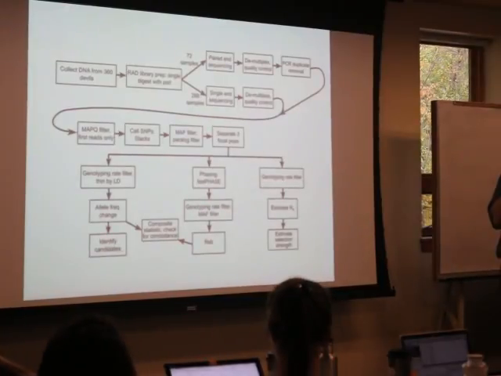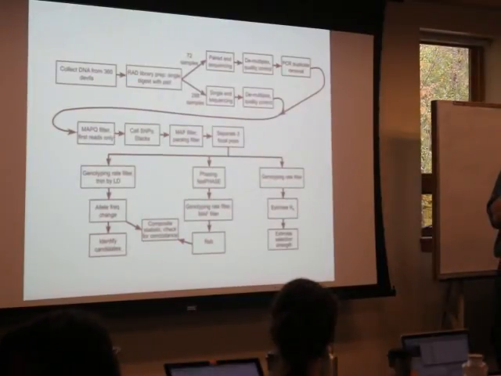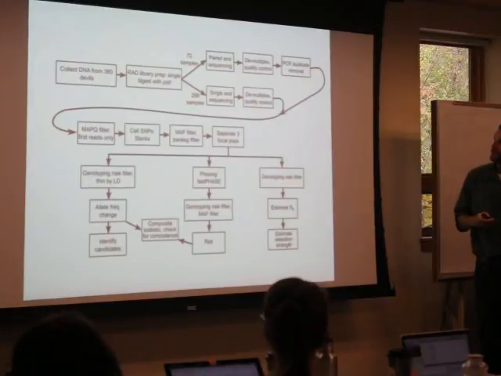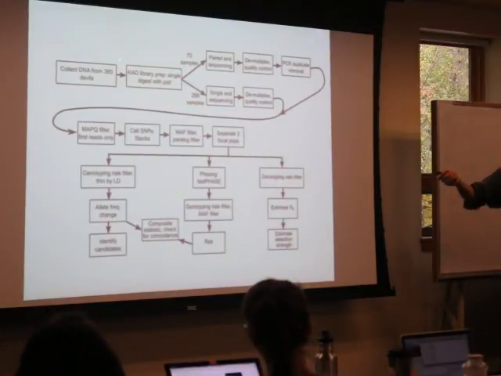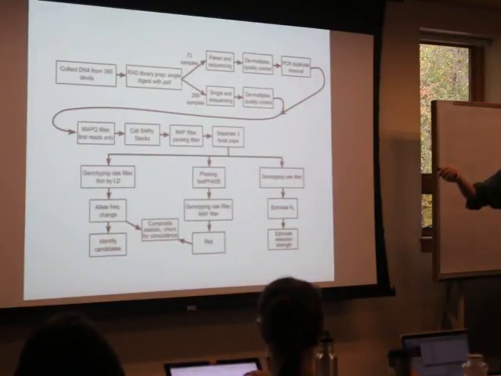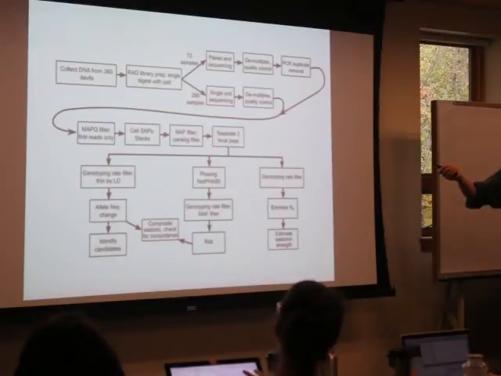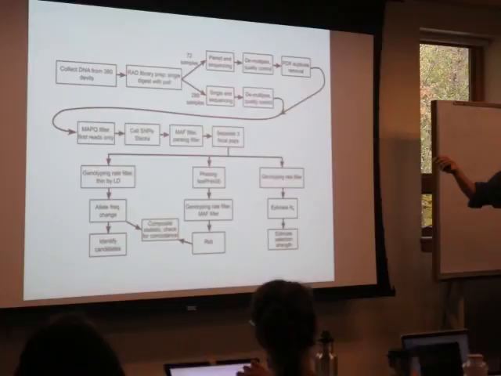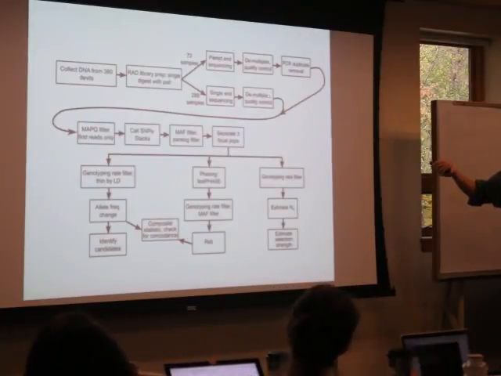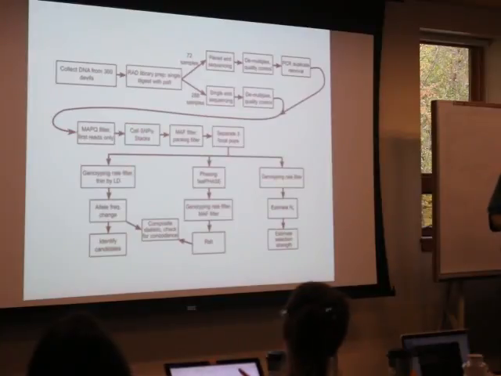So here's the workflow, just to give you an idea. For that data set, we have DNA, RAD preps, pretty standard. These were done at slightly different times, so we had some paired end data, some single end data. Paired end, we were able to remove PCR duplicates, not on the single end data, but we fed it all in here.